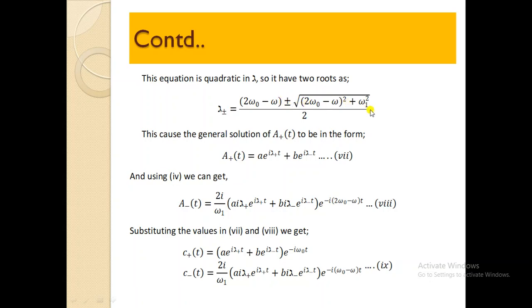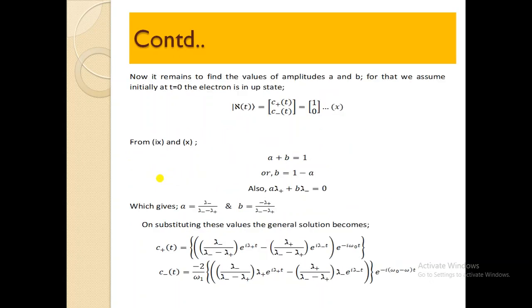Sorry, in the plus term there would be plus, so minus into plus would be minus, and this first term will cancel as there would be one plus and one minus, and another minus 2 root under (2 omega naught minus omega) square plus omega 1 square divided by 2 will remain in the denominator, so 2 will cancel from numerator and denominator. So in this case we will get minus root under (2 omega naught minus omega) square plus omega 1 square, as we have got minus in numerator also and in denominator also, so that minus will cancel.